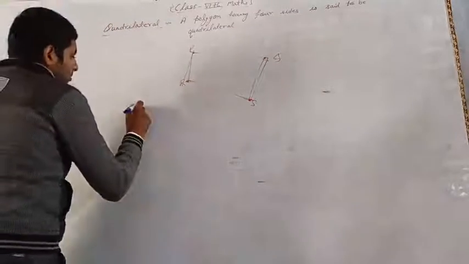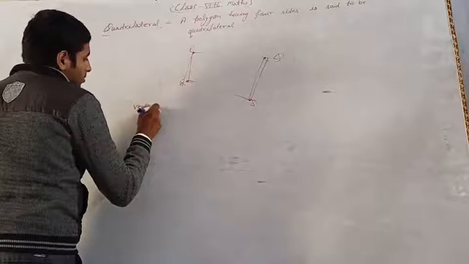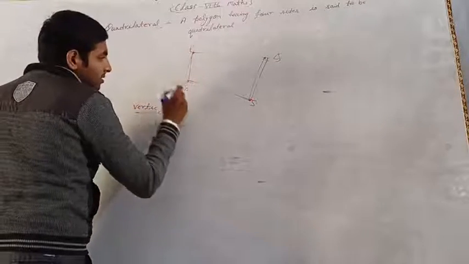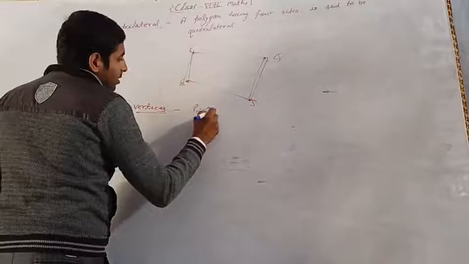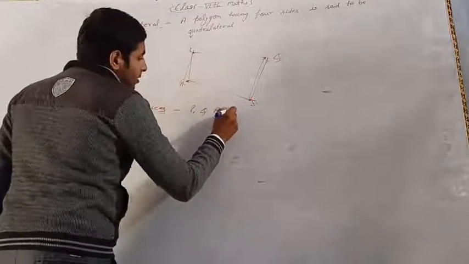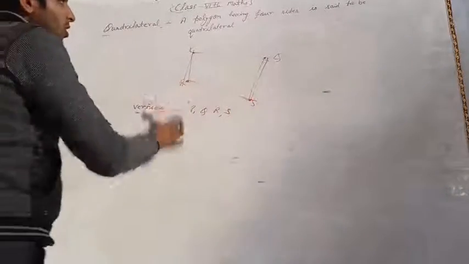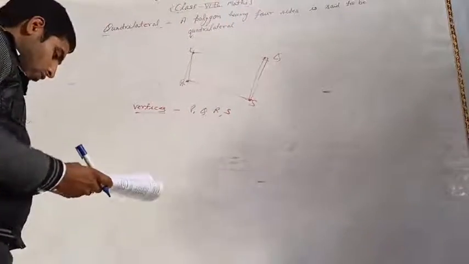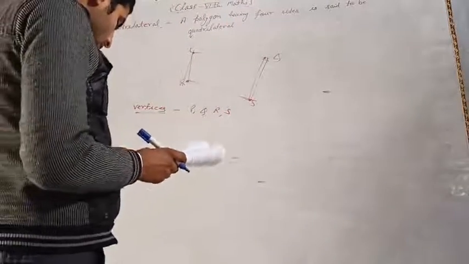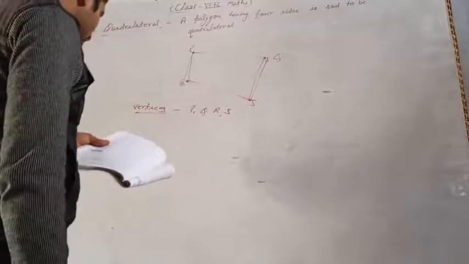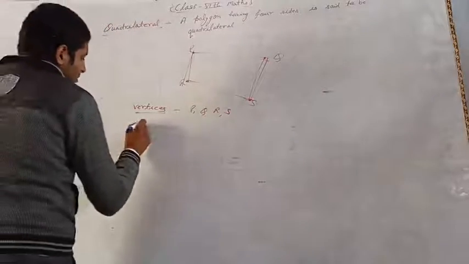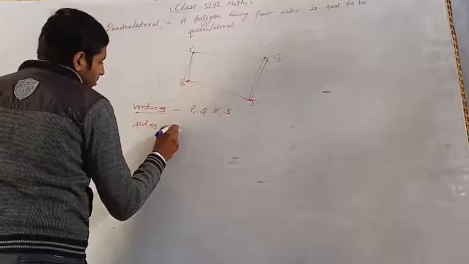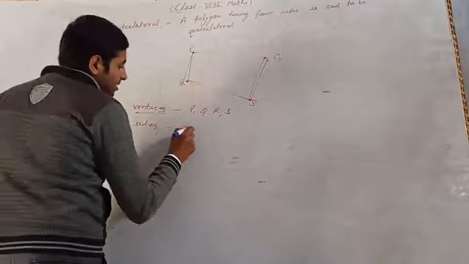So four vertices P, Q, R and S. Here this polygon has four vertices P, Q, R and S. And also four sides are given.